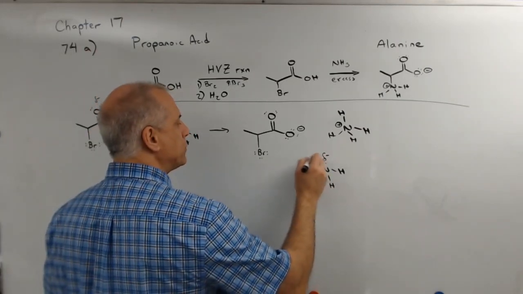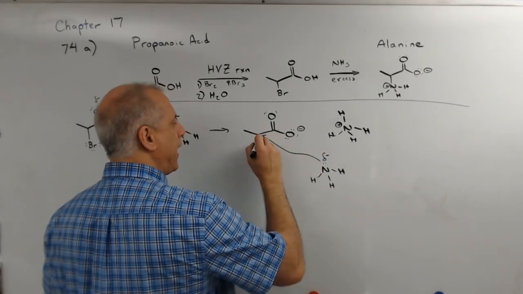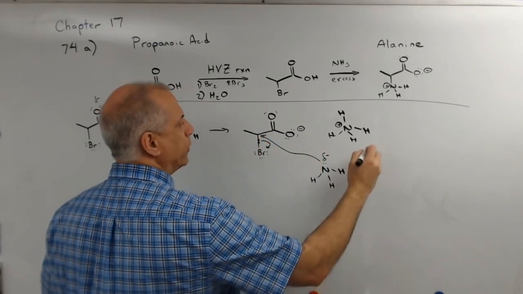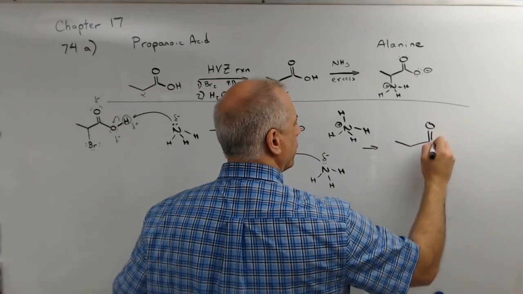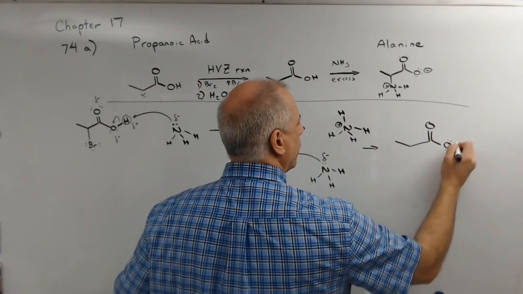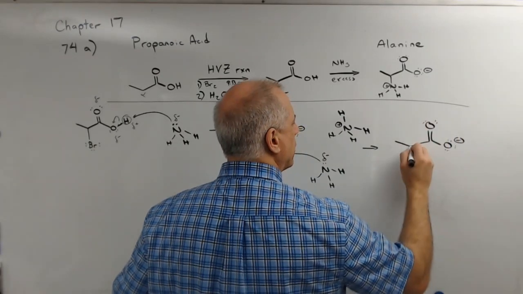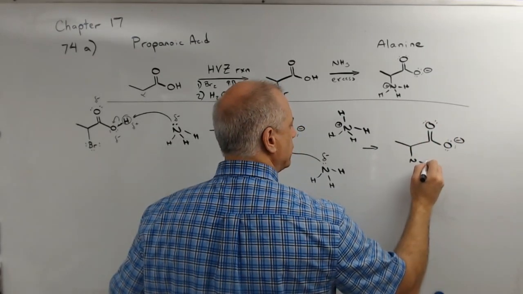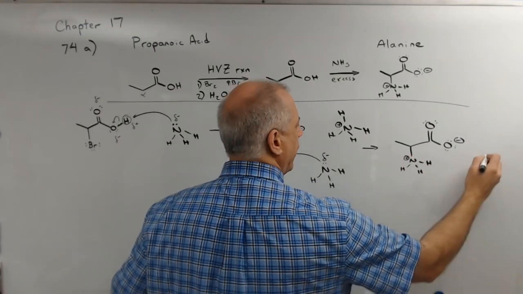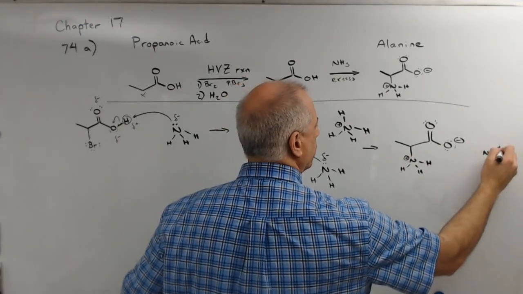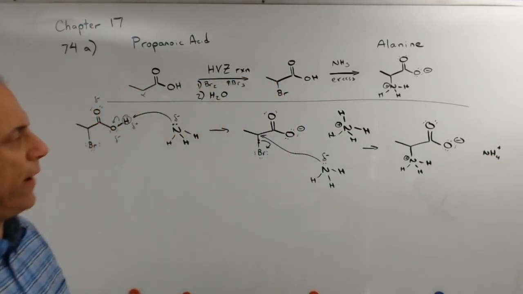And so this will just go ahead over here and kick out that bromine, and we now have our amino acid. The building blocks of proteins, amino acids connect to form proteins, and we have our NH4 plus, our alanine molecule.